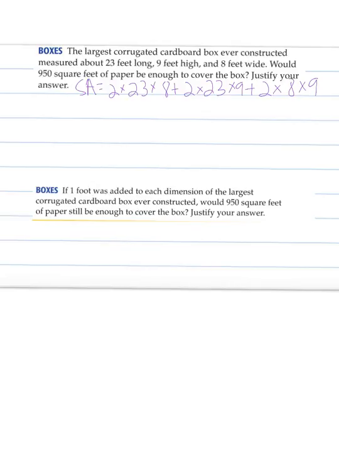Calculate all of this. 2 times 23 times 8, 368. 2 times 23 times 9, 414.